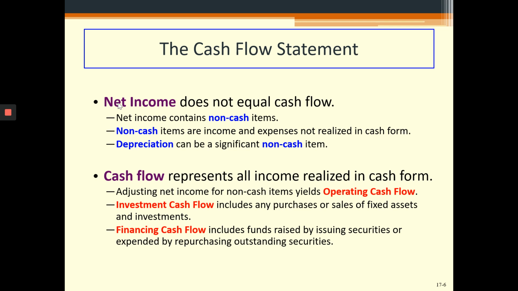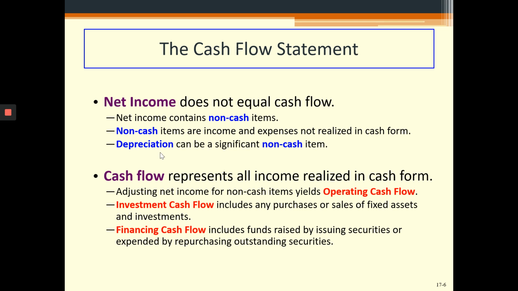Likewise, let's suppose there is a company Toyota which has decided to sell its old plant. The proceeds which come out from the sale of that plant will be basically a source of cash flow, and it will be categorized under the investment cash flows.